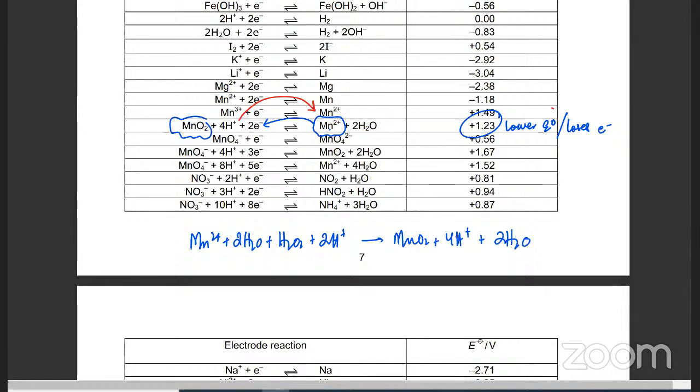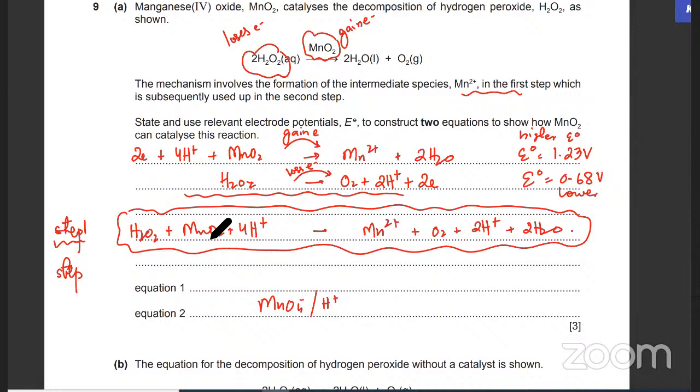Yeah. So the next logical step was that since they told us that the MnO2 is the catalyst, the second step would have been: the MnO2 has turned into Mn2+, but in the second step, the Mn2+ should convert back into MnO2 because the catalyst has to remain unchanged. So I'm going to select the same equation, but this time it should be losing electrons.